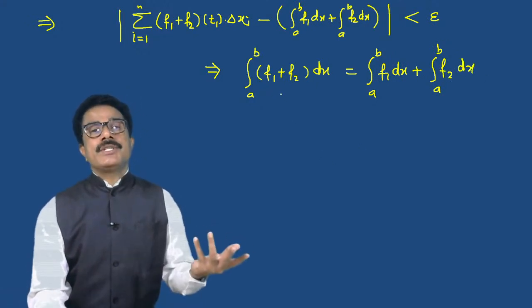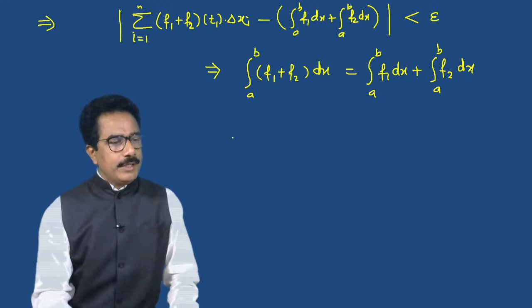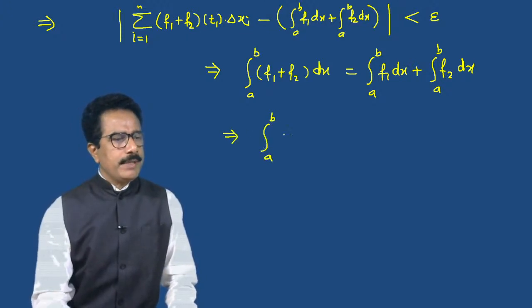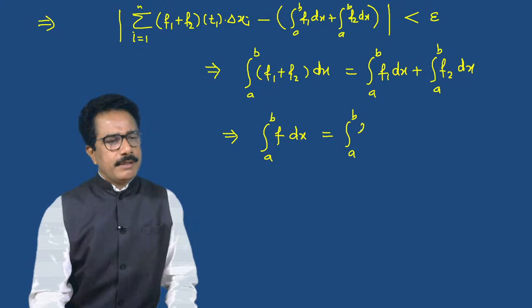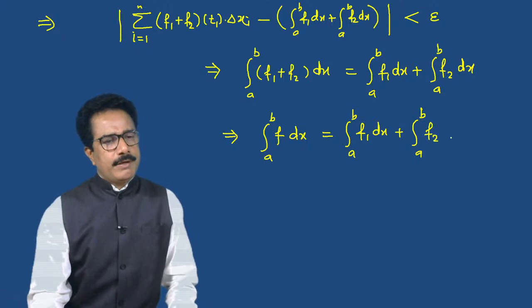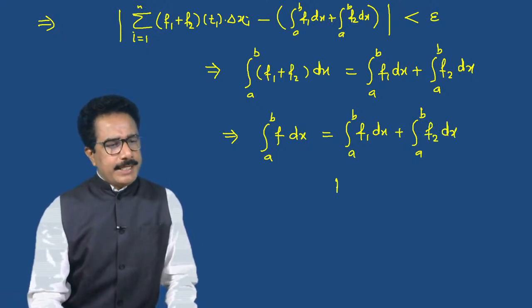But f1 plus f2 is denoted by f. So we can write integral from a to b f dx equals integral from a to b f1 dx plus integral from a to b f2 dx. And hence proved.